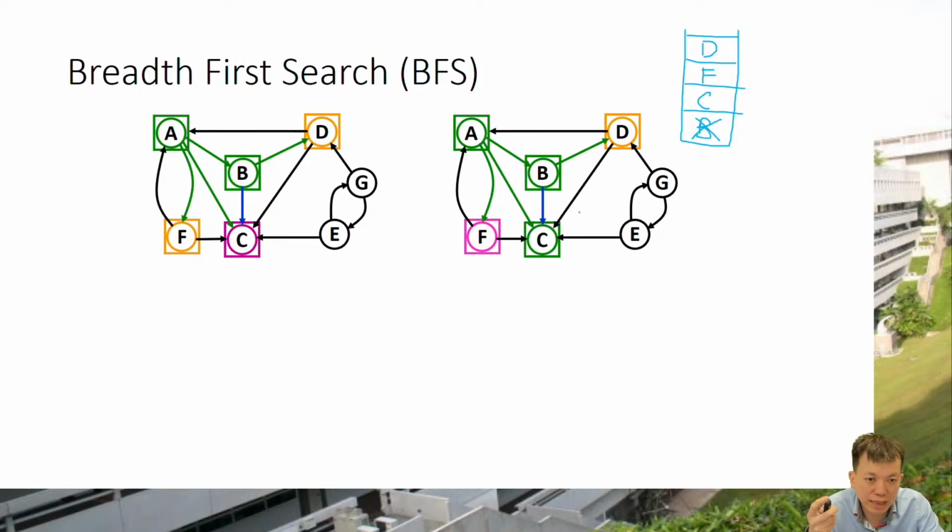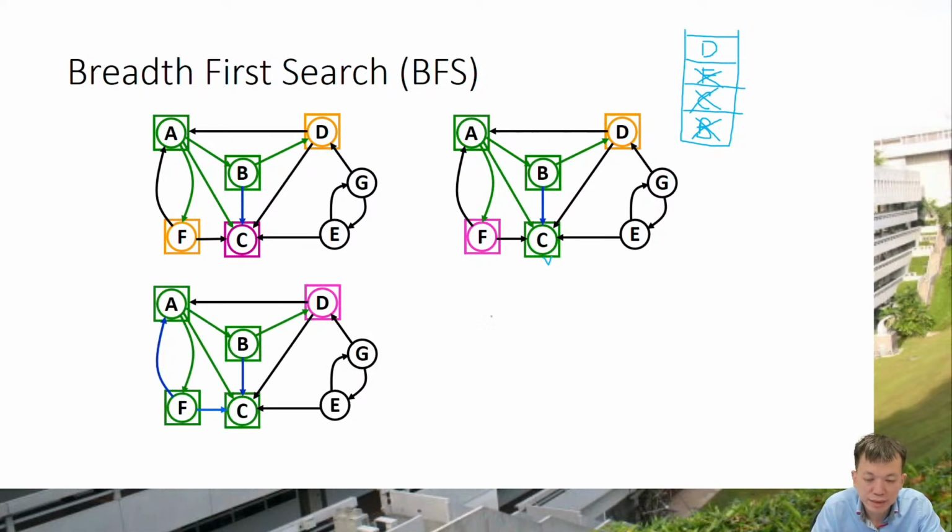Then after that, I start trying to visit C. When I visit C, unfortunately, there's no neighbor in the directed graph. So fine, I carry on to visit F. For F, more precisely, I should say unvisited neighbor. F has neighbors C and A, but both of them are already visited, so no new neighbor can be added.